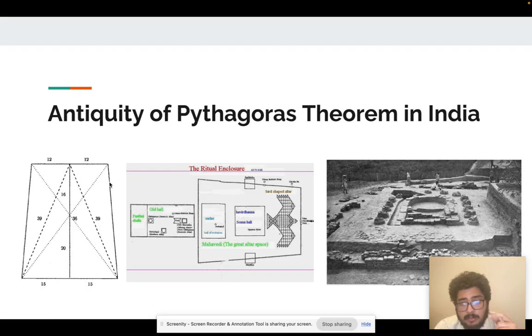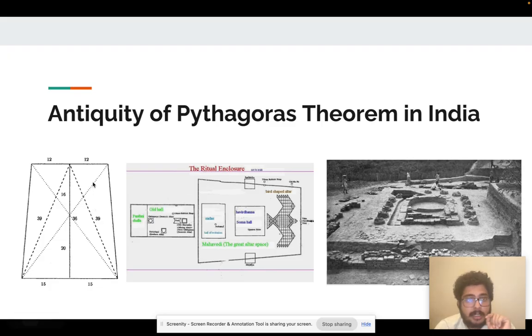This ratio 5 is to 4 is also found in the fire altars of the Indus Valley civilization, and also in the outer castle walls, that is the fortification of Dholavira. There also we find a similar 5 is to 4 ratio. So this ratio is found in the Mahavedi in the Shatpath Brahmana, and it is the same ratio found in the Sindhu Saraswati civilization castles and other constructions.